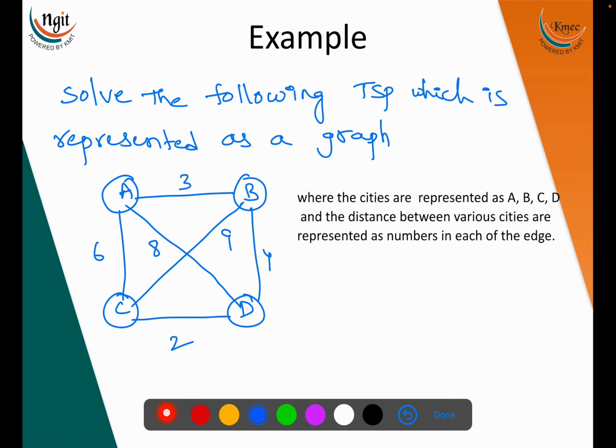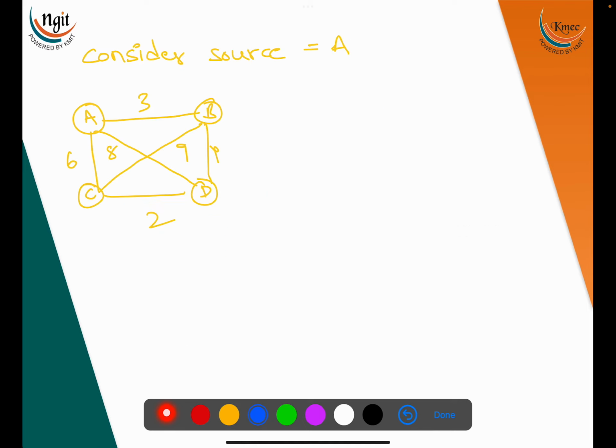Assume this question is from a previous question paper: solve the following traveling salesperson problem, which is represented as a graph. Here all the vertices represent cities, named A, B, C, D, and the distances between the various cities are represented as numbers. Now how do we find the solution?